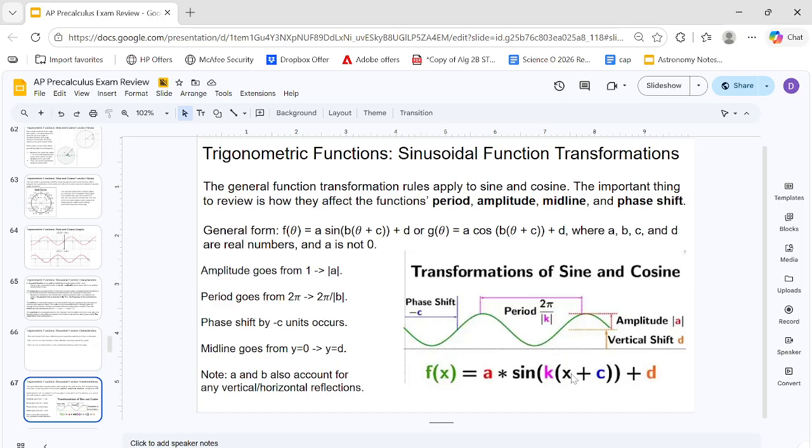Notice I'm working from inside to outside. You start by shifting it, then horizontally dilating it. Then your a value is vertically dilating it, and your d value is vertically shifting.